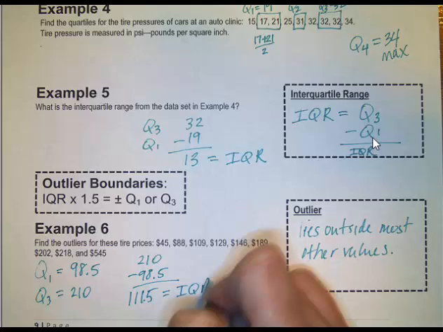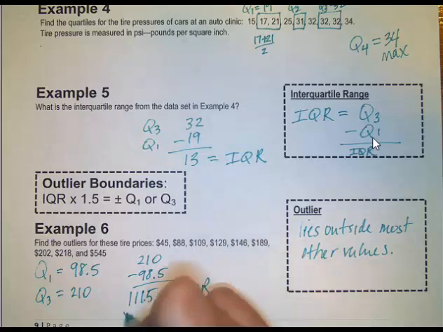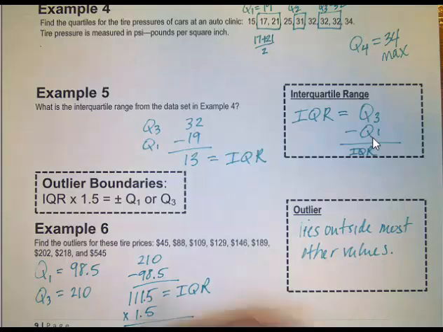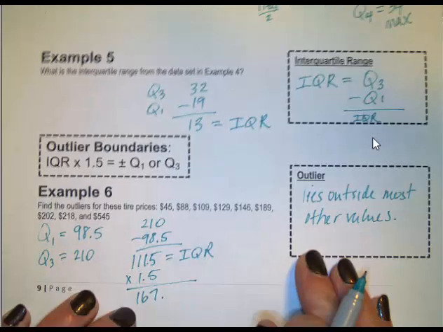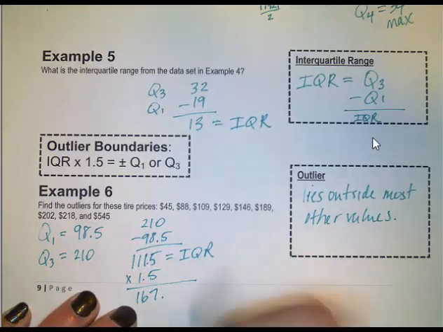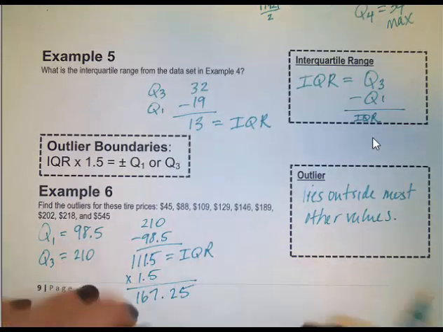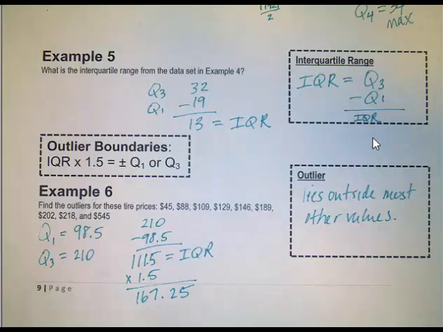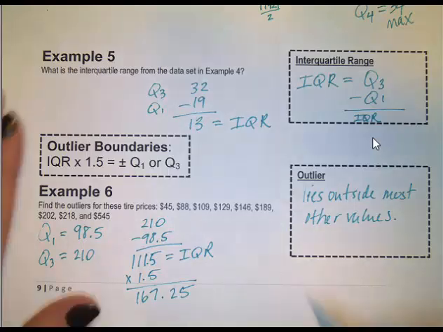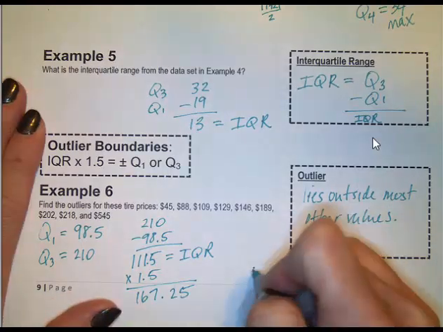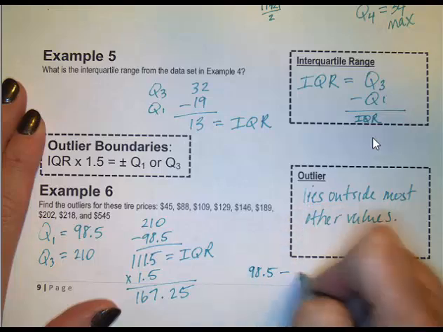So now I'm going to multiply that by 1.5. And I get 167.25. Now, what I have to do is add and subtract that from the quartiles. So I have to subtract that from quartile 1. So I have to do 98.5 minus 167.25.